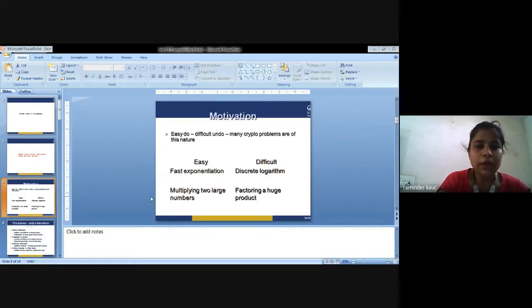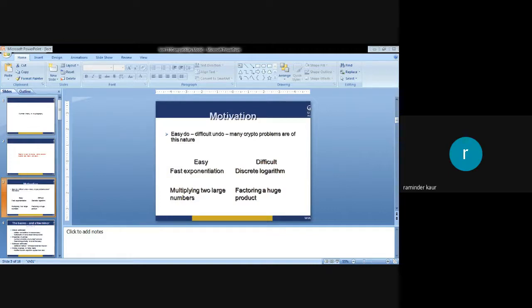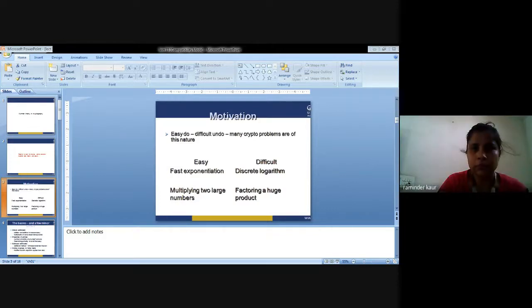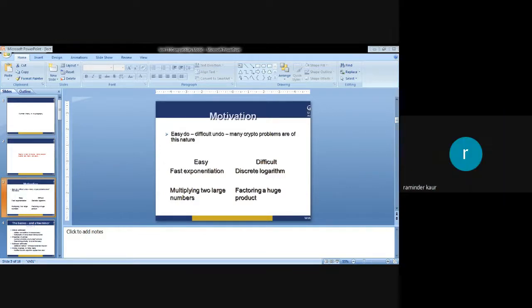Next is factorizing a huge product. Factorizing a huge product means that if I multiply any two numbers, there is a huge product as the result.